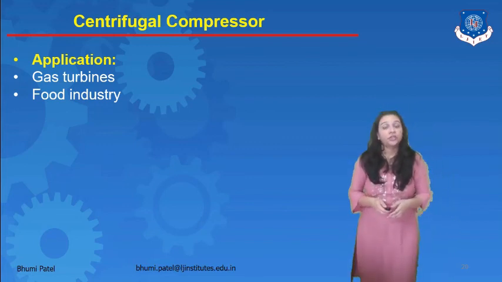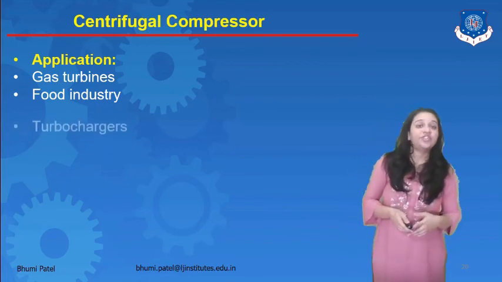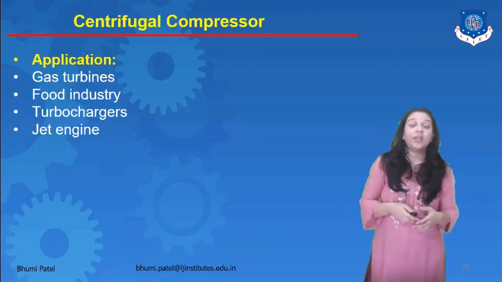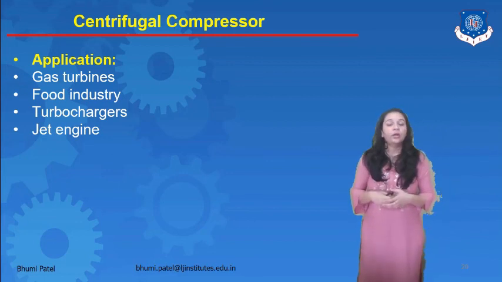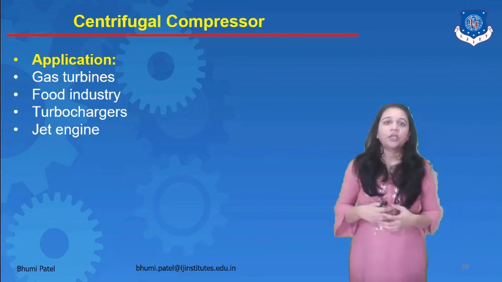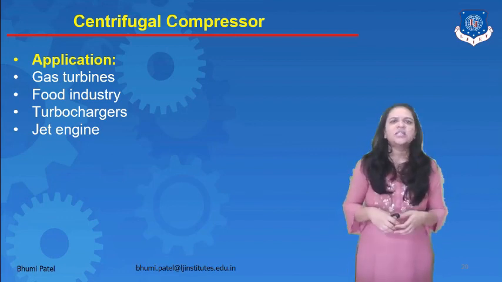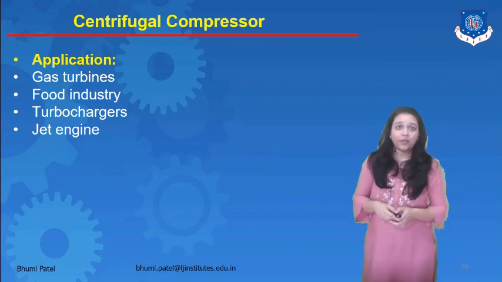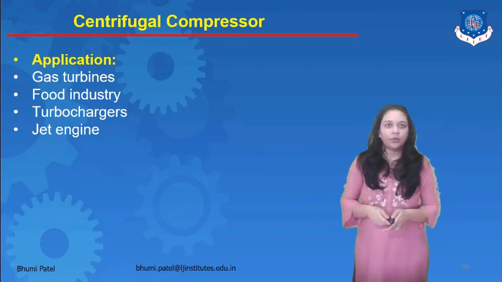It is also used in turbochargers and jet engines. In the food industry, when we mix two liquids or two materials in the same compressor, we can use a centrifugal compressor.